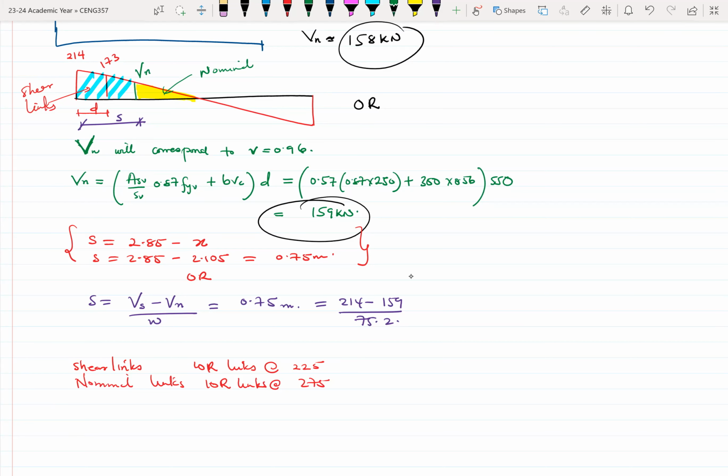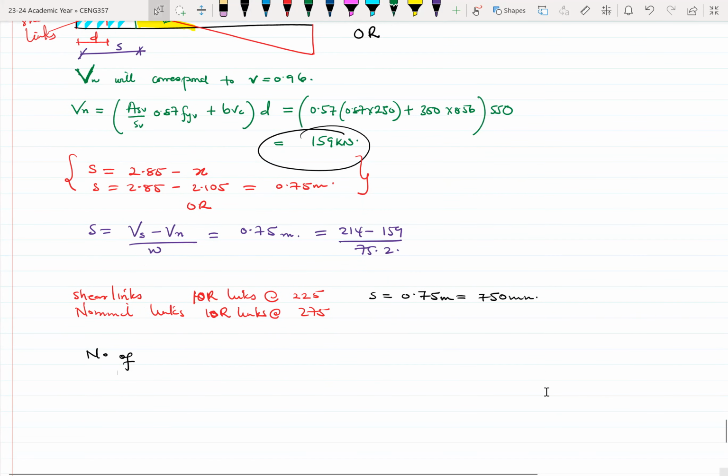But now the question is, how many of these do we need? All right. So we know the extent of the shear links, that it can only cover 750 millimeters. If we want to know the number of shear links, this is how we go about it.